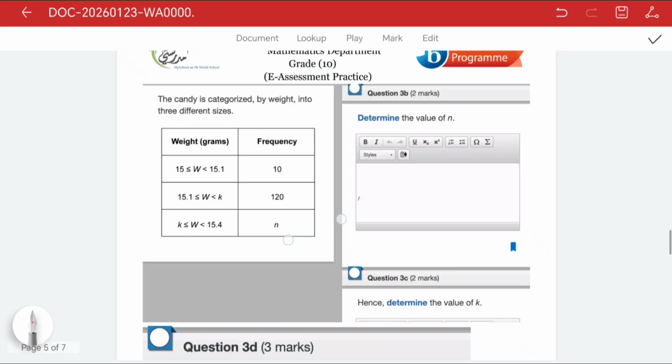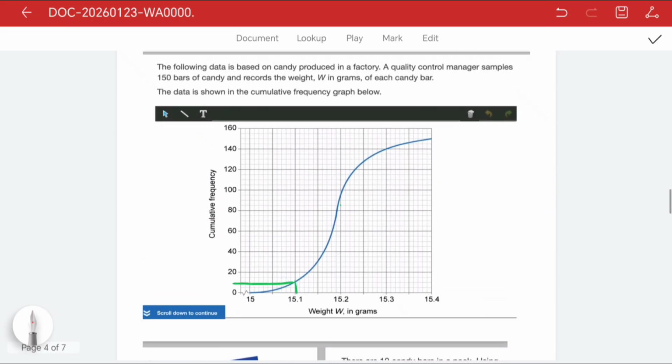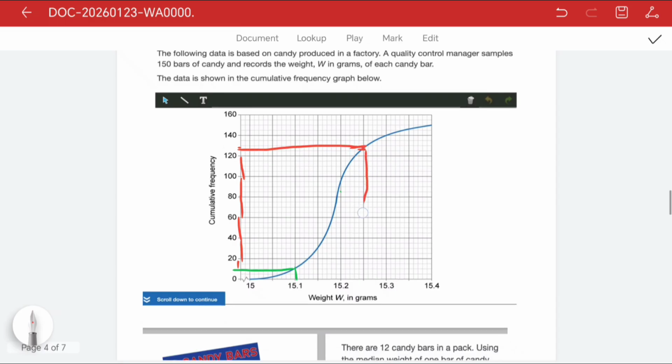So we'll check where 120 is. This is 10 plus 20, 30, 40, 50, 60, 70, 80, 90, 110 and 120, up to what we bring down. It is equal to 15.25, so this is k, because after 10 plus 120 it is 130, so 130 down to here is k.